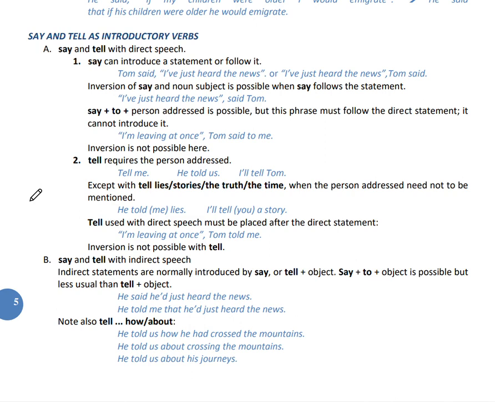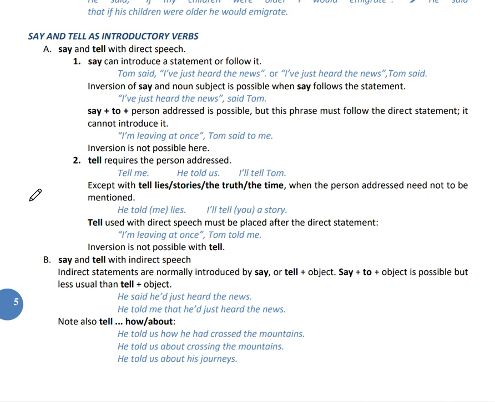I'll tell a story. So, great. Tell used with direct speech must be placed after the direct statement. Great. Now, "I'm leaving at once," Tom told me.